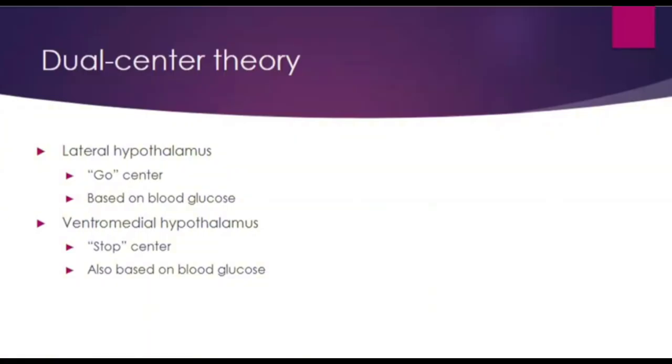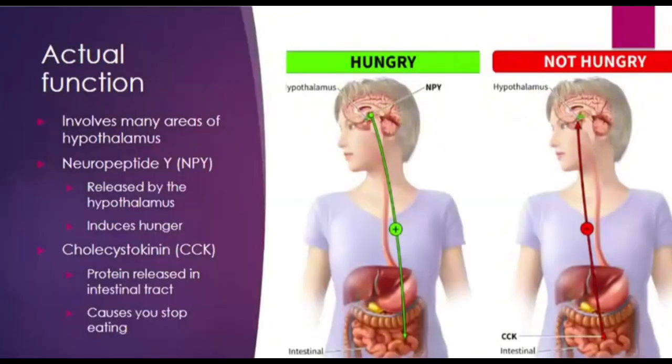So this is one of the hypotheses that exist about how we eat and why we eat. And some individuals might weigh more than others. And the example that reinforces this hypothesis is that one rat had part of its ventral medial hypothalamus removed and destroyed, and it led it to overeat.